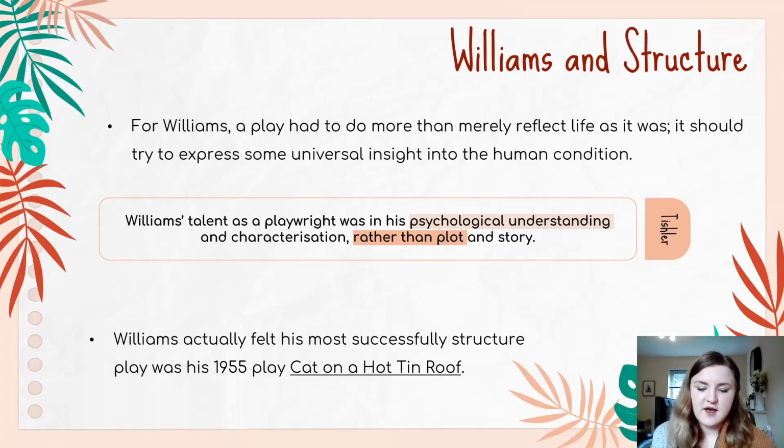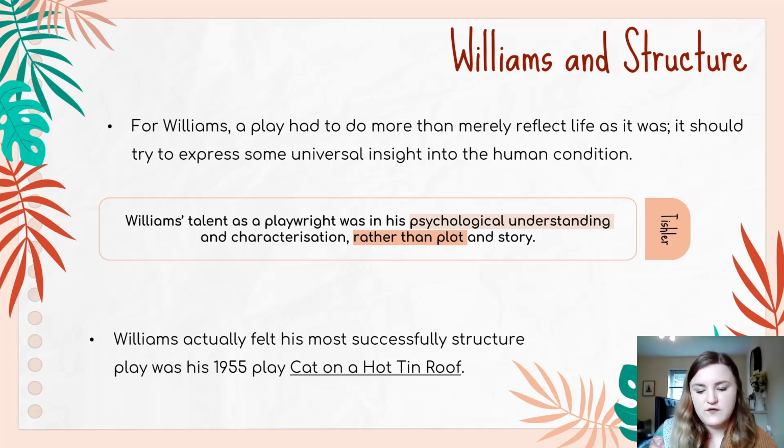For Williams, a play had more to do with merely reflecting reality, or life as it is. It should be trying to express some universal insight into the human condition.